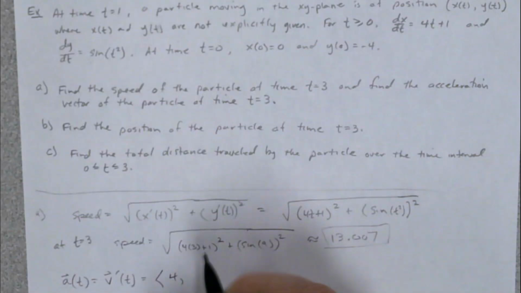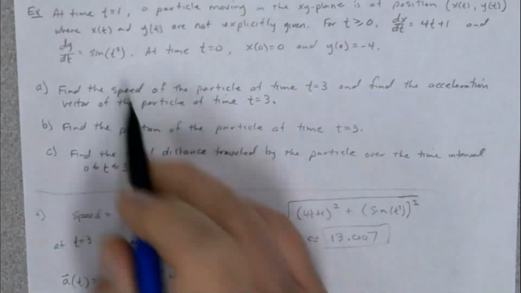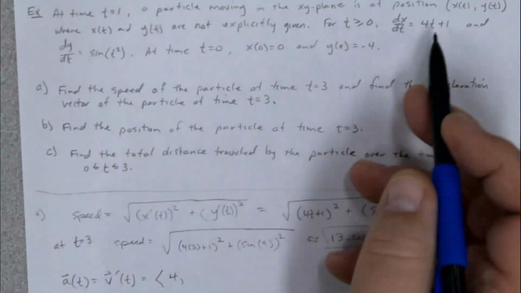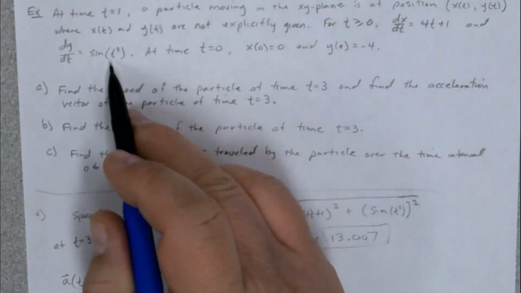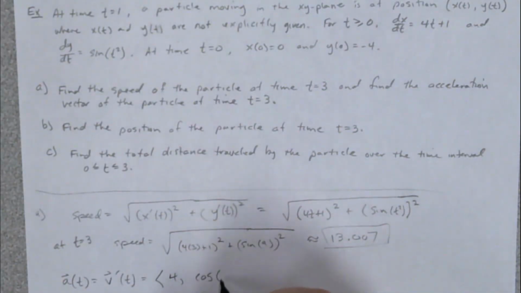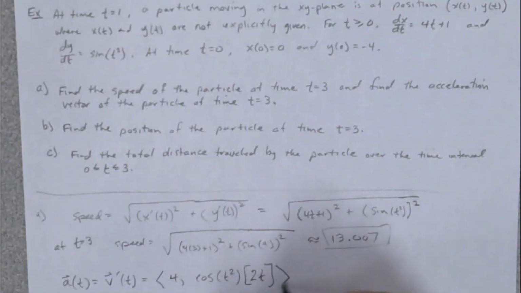You can use a calculator too, so you could actually take this and find the derivative with a calculator. You don't have to find it by hand. Okay, that one was pretty straightforward. This one over here, we can try and do it. The derivative of sine is the cosine of t squared, and then chain rule, the derivative of that, which is 2t. So we have that.